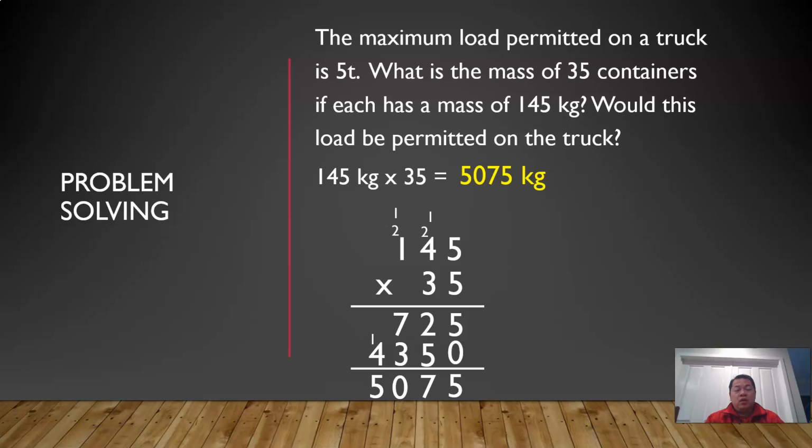The answer is no, because it has exceeded the maximum mass of 5 tons, which is 5,000 kg. So as a supervisor, what you need to do is, instead of putting 35, you can put 34 of these containers onto the truck, so that it will not exceed the weight limit.